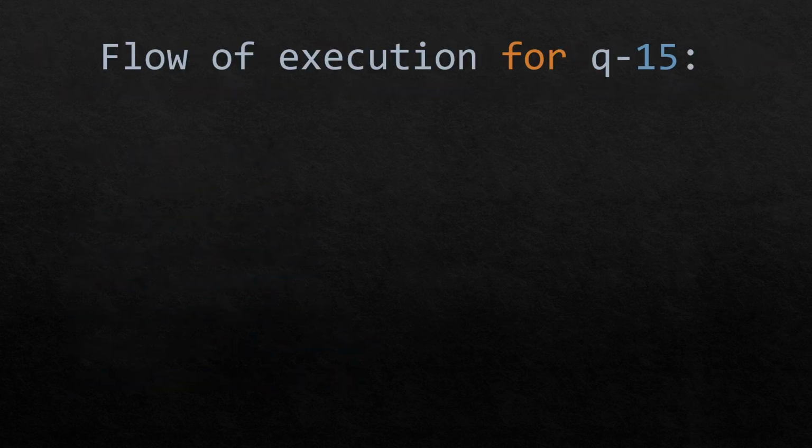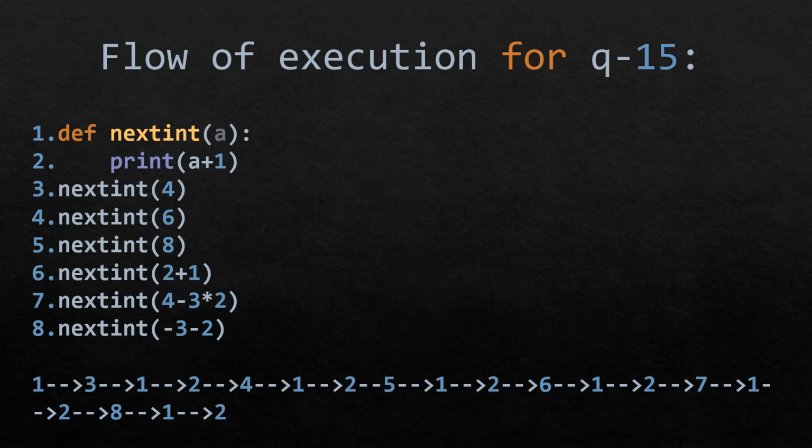Now the flow of execution for question 15 is like this. The first line will be executed first, where a function is defined. So it will skip the function definition part and go to line number 3, where the function is called. Now again it will go to where the function is defined, that is line number 1, and will go through the function definition. After line number 1, line number 2 will also be executed.